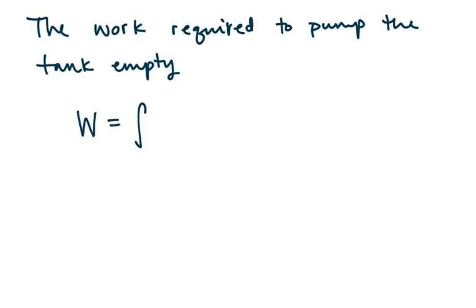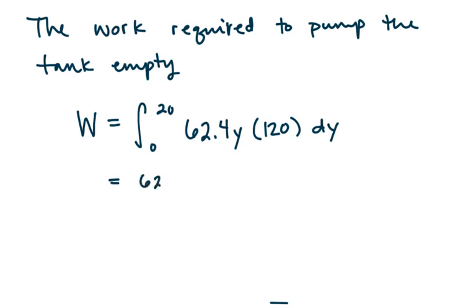So the work is the integral from 0 to 20 of 62.4y times 120, and the delta y turns into my dy. So I've got some constants, 62.4 times 120, they'll come in front, and we have the integral from 0 to 20 of y dy.